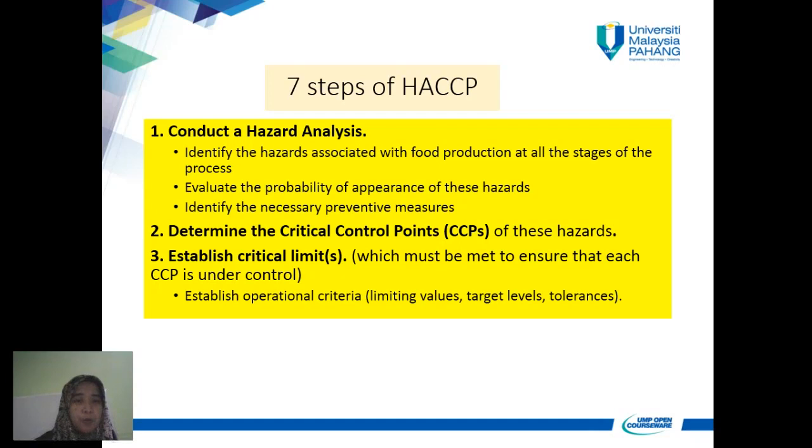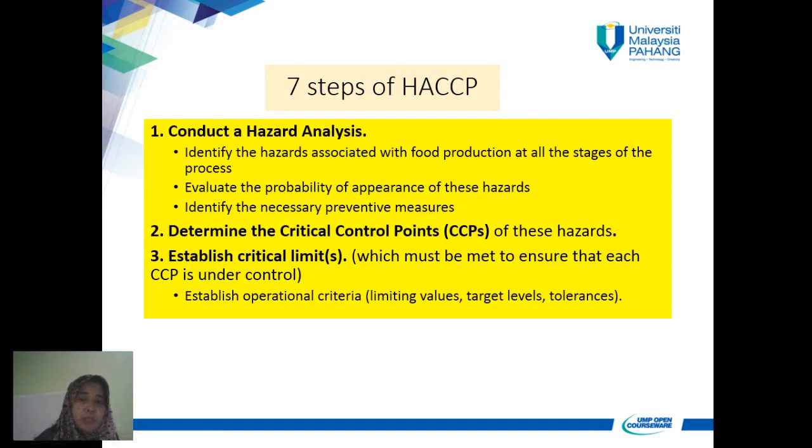If yes, then we have to go to step 3, to establish the critical limit and so on. If not, then that's it. Just identify the hazard. No need to proceed to the 3rd, 4th and till 7.